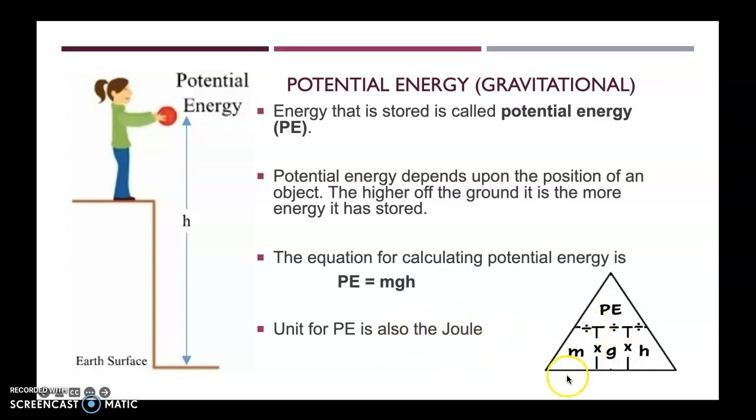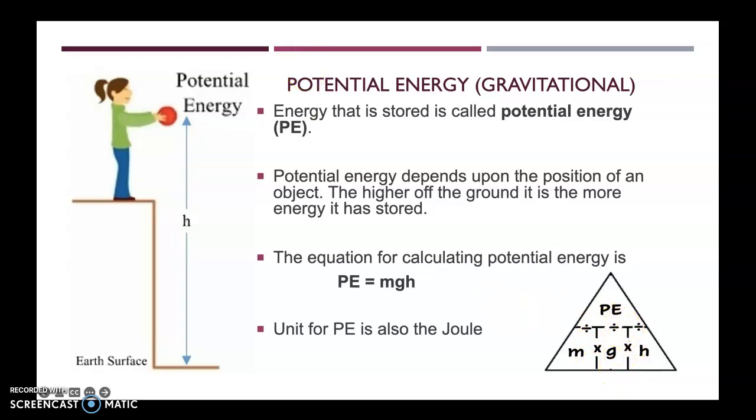Now, the triangle is a little bit more complex than we had before. You could automatically switch this into being 9.8 if you wanted. You could make it 9.8 m times h. Just to remember that the gravity, at least for the problems that we are doing, unless you were told otherwise, gravity will be 9.8 meters per second squared because it is happening on Earth.